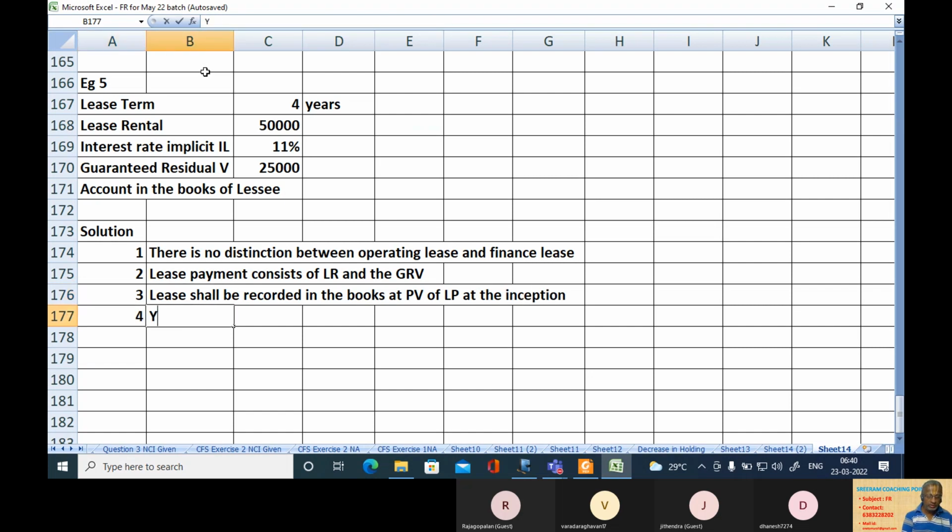So item number 4, we will take up years 1, 2, 3, 4. Lease rental, or cash flow, is 50,000 once again, and 50,000 plus 25,000 additionally. Then the present value factor is 1 divided by 1 plus the rate.